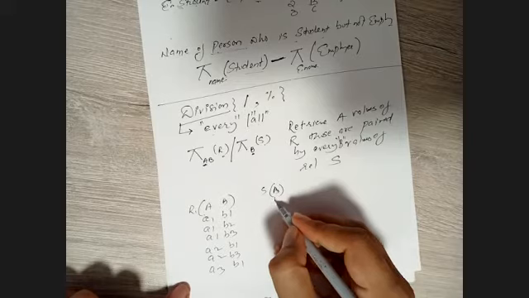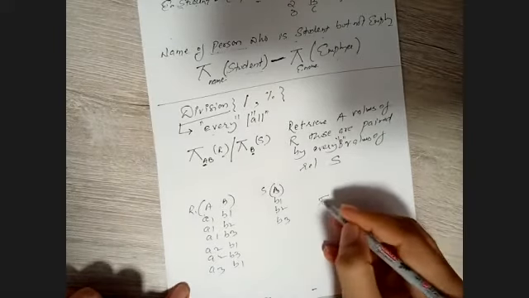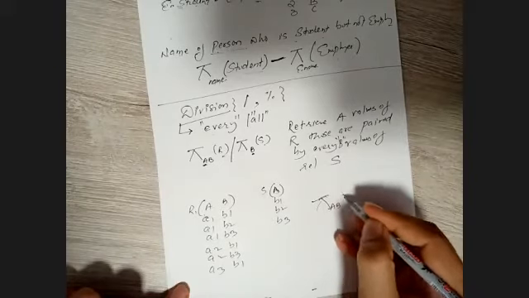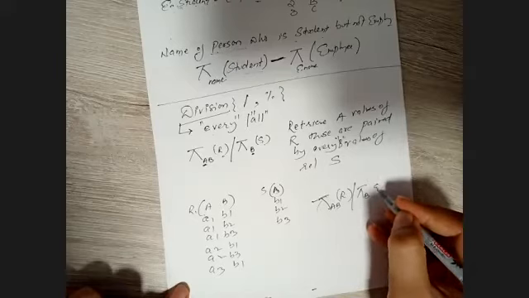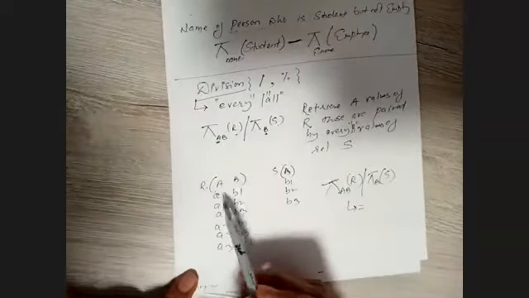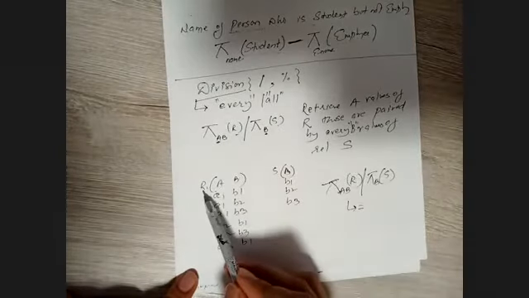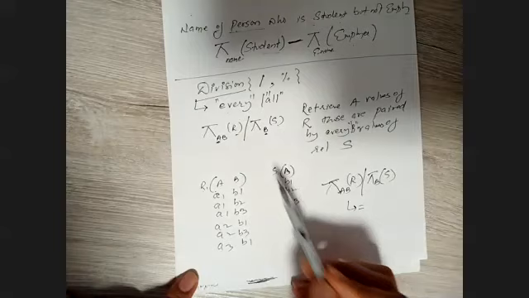And the B values of S are B1, B2, B3, obviously. So what will be the result of pi A B of R divided by pi B of S? We need to retrieve the A values of R that are paired with every B value from S.